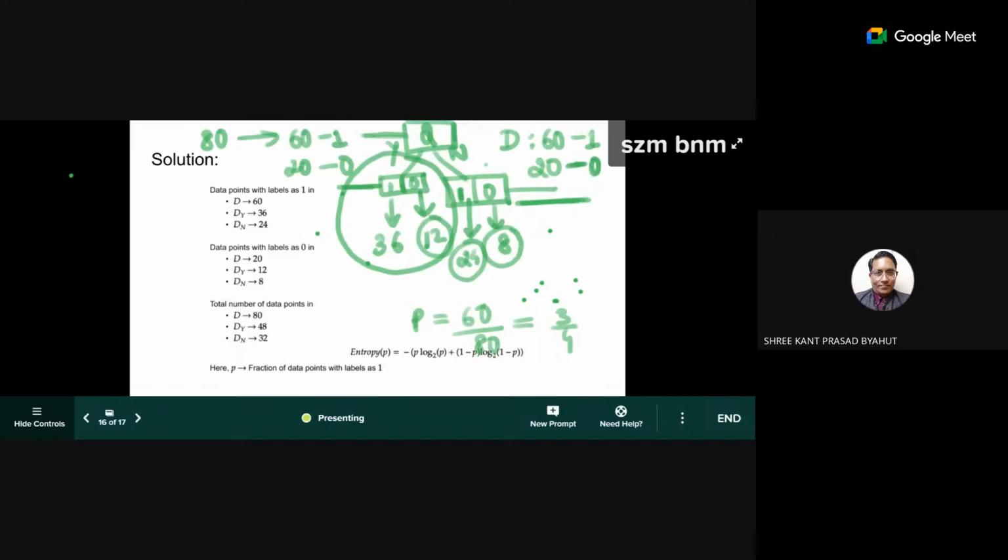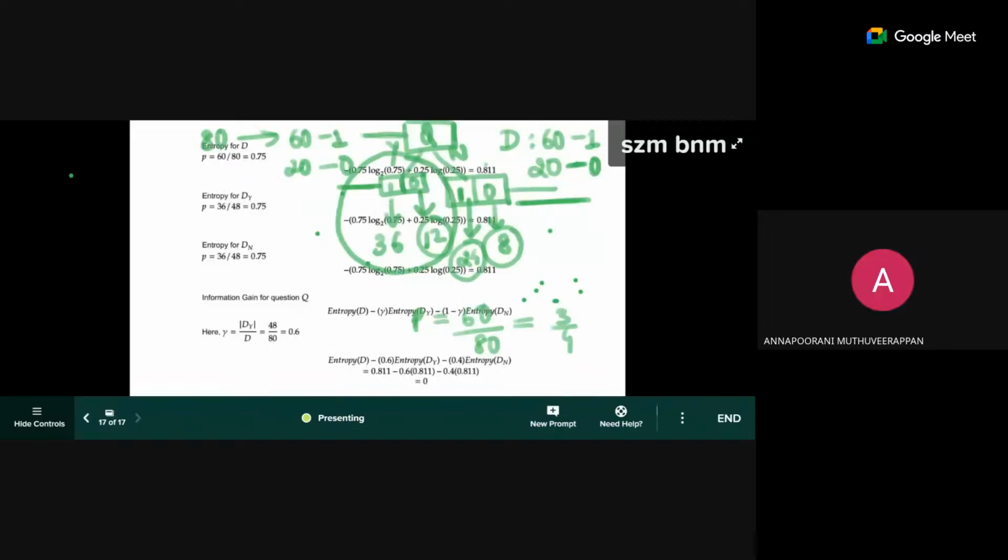What is the question? We have to find the entropy of D, and the information gain by asking this question Q. How will you find it?